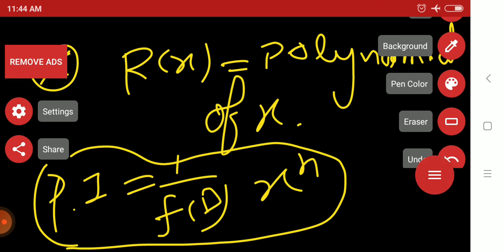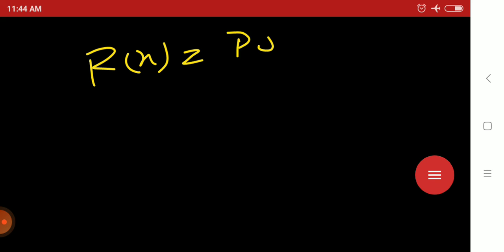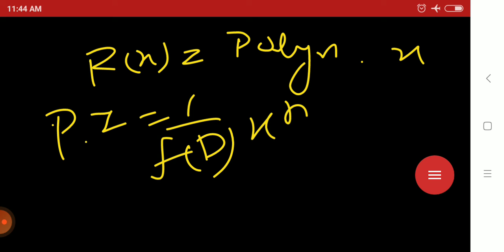That means if R(x) is given such that it is a polynomial of x, then particular integral will be 1 by f of D, x to the power n.